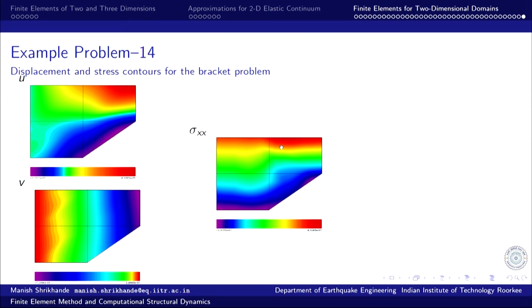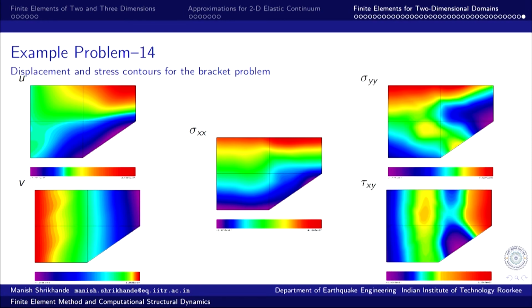You can see very beautifully the tension at the top and compression at the bottom, and very beautifully color coded contours can be seen, and this is sigma yy and this is tau xy shear stress. And these are just representative of how typical finite element results look like.